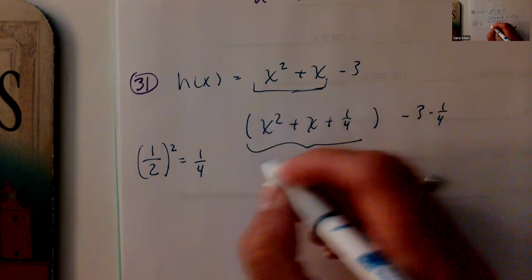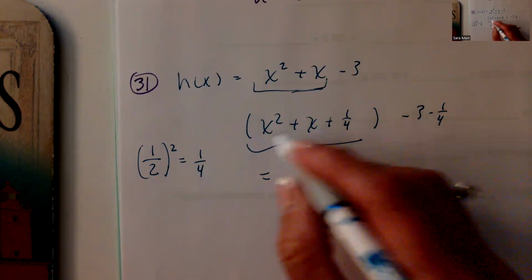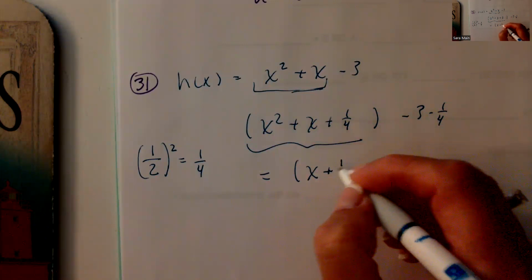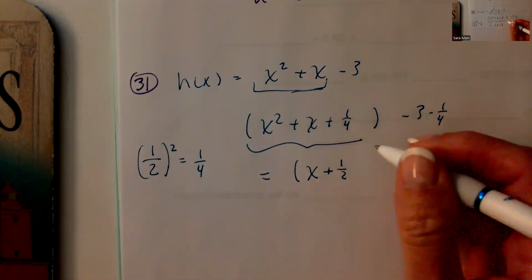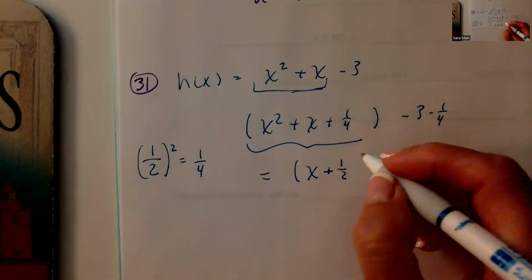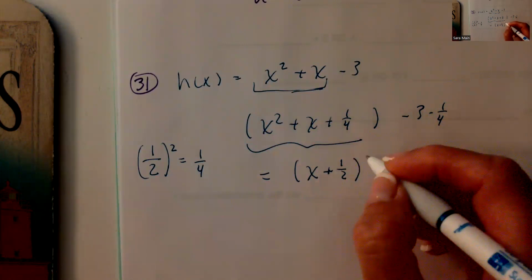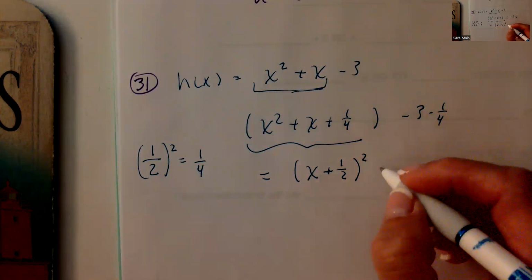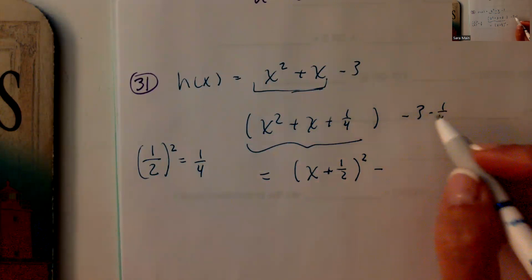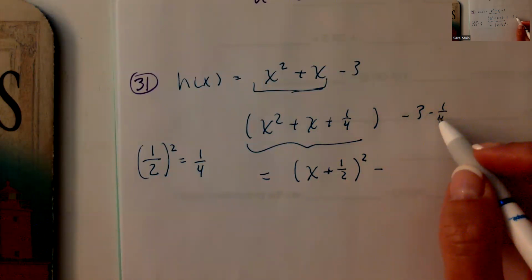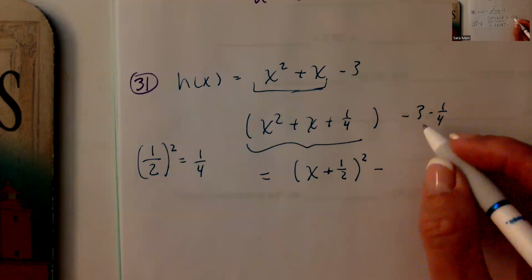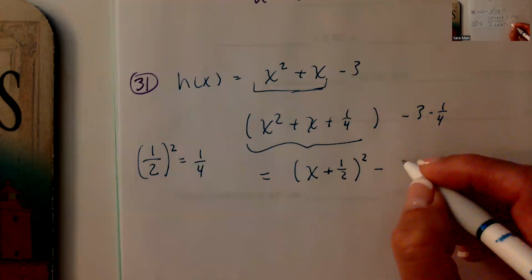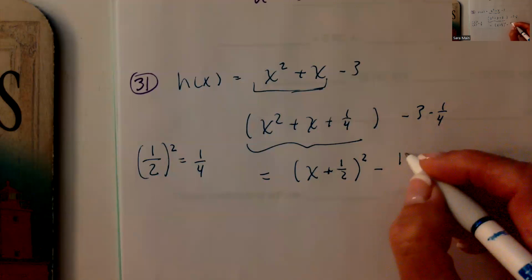So then my x squared plus x plus 1/4 factors into x plus 1/2, squared, minus 3 minus 1/4. So that's really minus 3 and 1/4, which is minus 13/4.